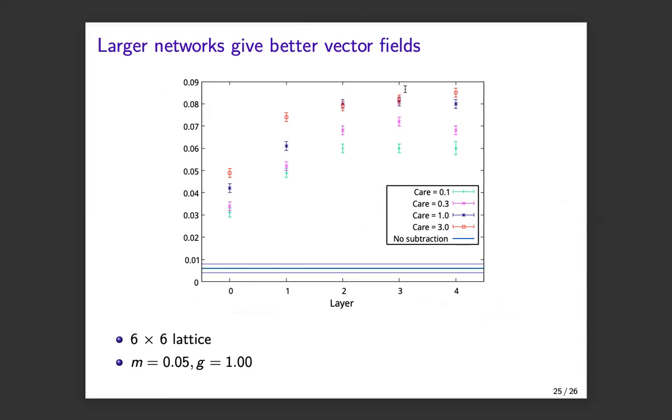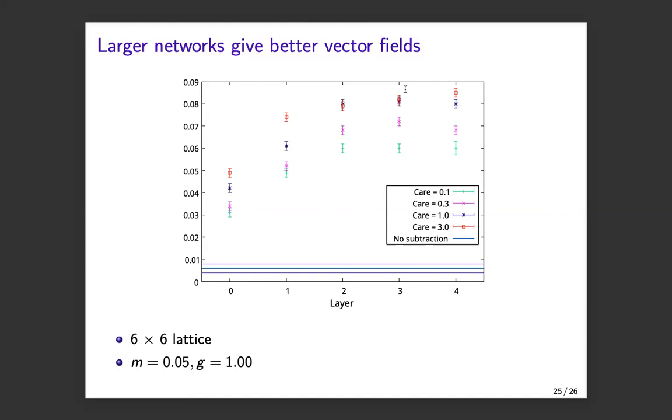So this is what we did, for different numbers of internal layers for the vector field network, to see how well they do. Sorry, I forgot to label it, but this is also the average sign. As you increase the number of layers from 0 to 2, you can clearly see that the average sign goes up. But for some reason I don't know yet, from 2 to 4 layers it didn't increase very much.